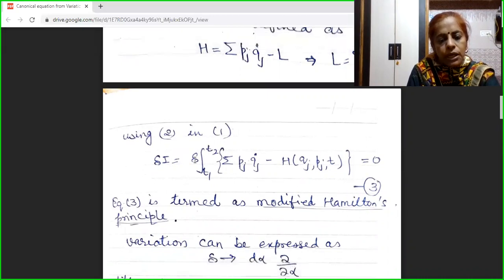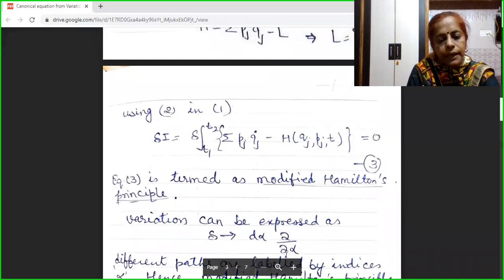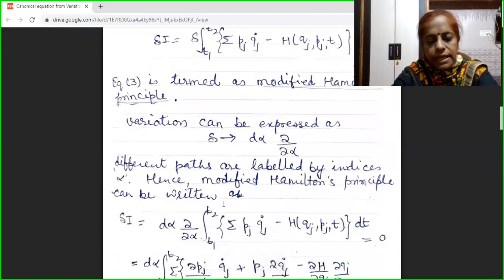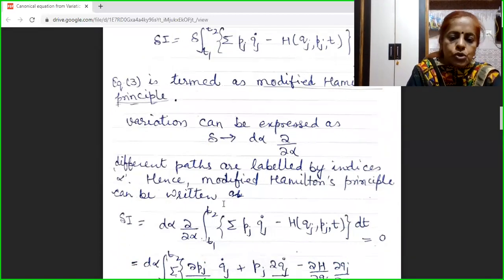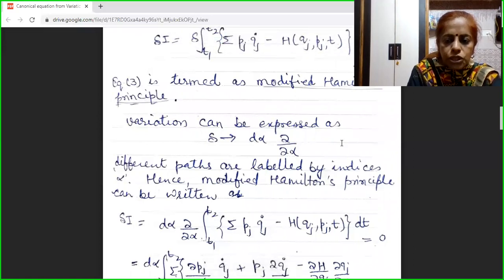Now, what is this variation? This variation is d alpha del by del alpha. What does this alpha stand for? Suppose we have one initial point, and from this initial point we have to move to another final point. We can follow many paths from one point to another.